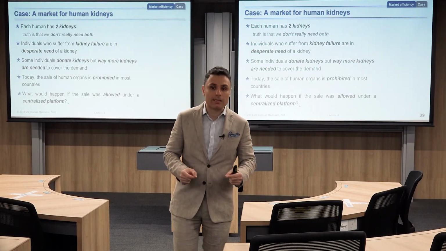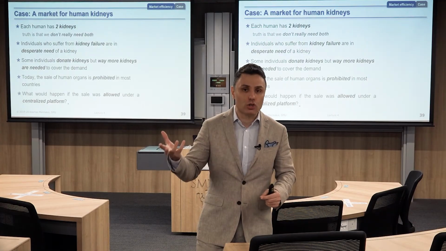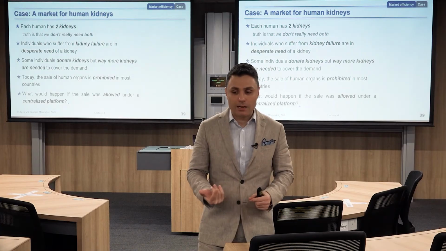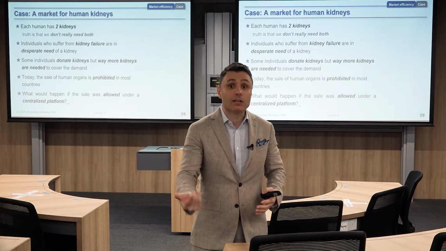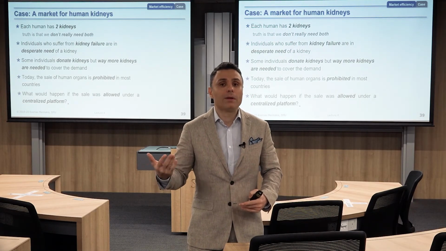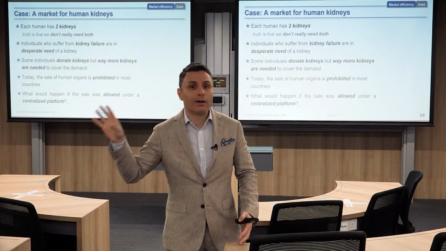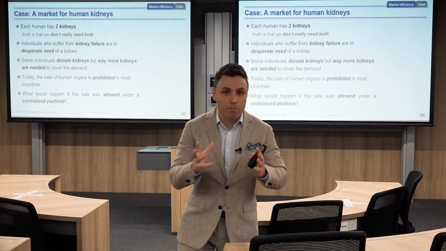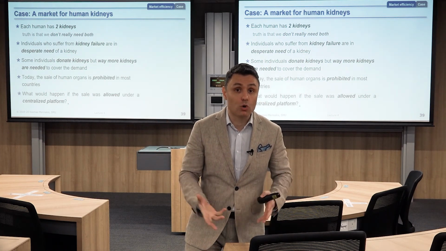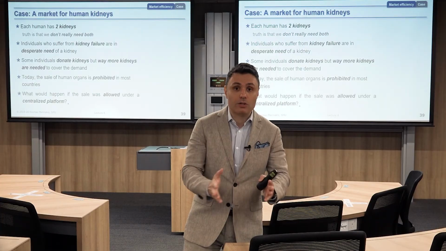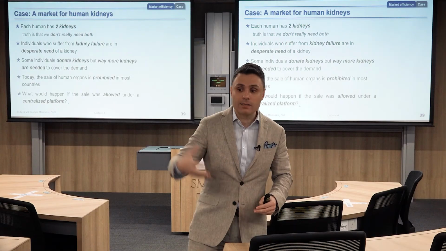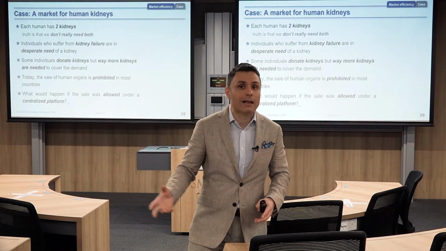A centralized platform is, let's say, a national organization of transplants, where people who want to sell go there and sell their kidney to the organization, and the organization then will be able to put more transplants on the list and satisfy the demand of more people who are on the list already. So we're not talking about a direct transaction, we're talking about stimulating the supply of these organs by just allowing people to sell them.